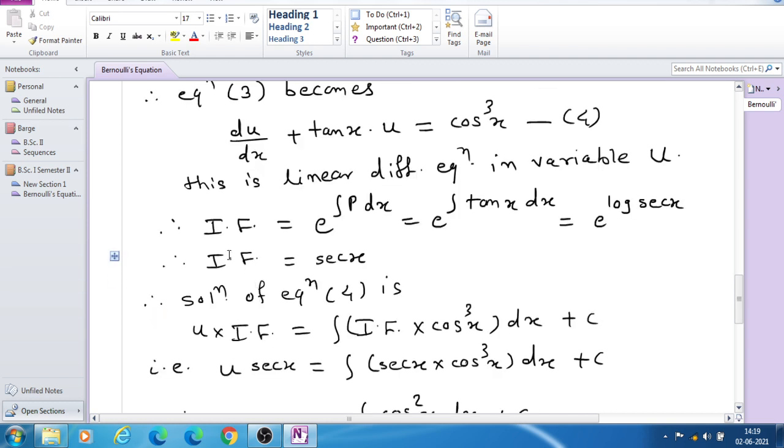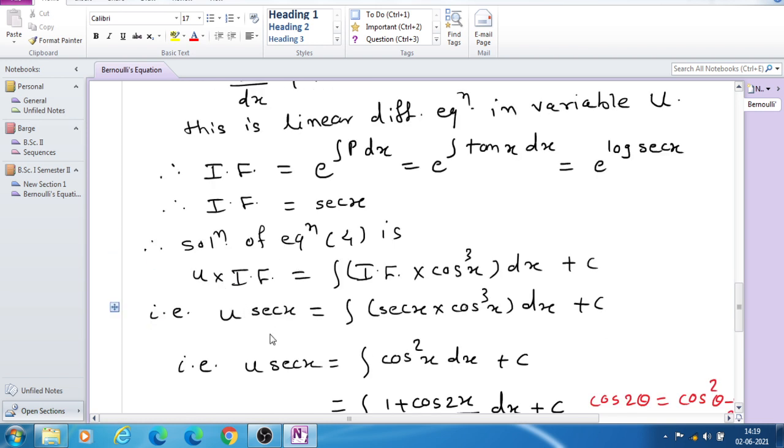So for solution we write formula as solution of the linear equation above equation 4 is we write y into integrating factor always, but here our variable is u in this equation. So u into integrating factor is equal to integration of integrating factor into q. In this equation q is cos cube x dx plus c.